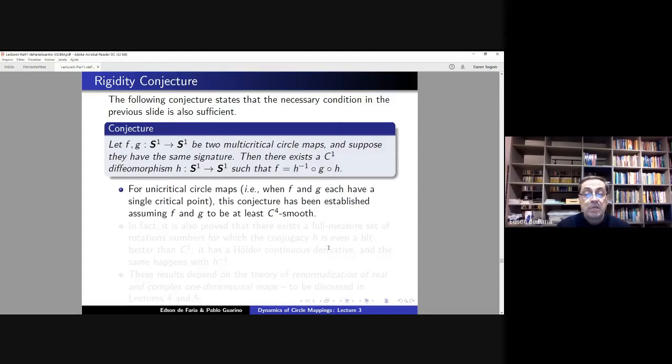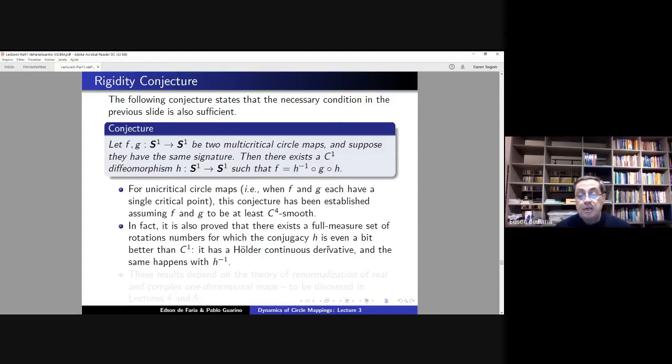It also comes out of the work that was done on this conjecture for the unicritical case that there exists a full measure set of rotation numbers for which the conjugacy is actually better than C^1. It's like C^{1+alpha} for some alpha, okay?